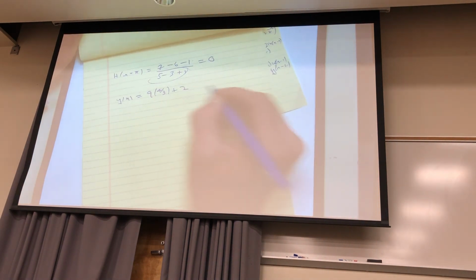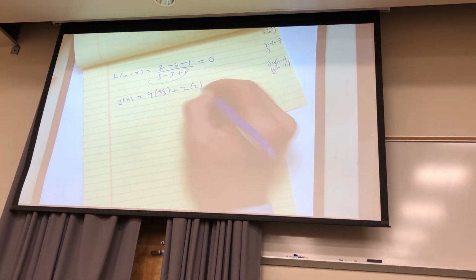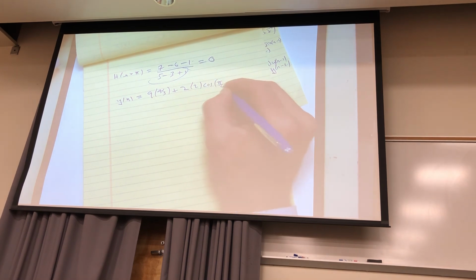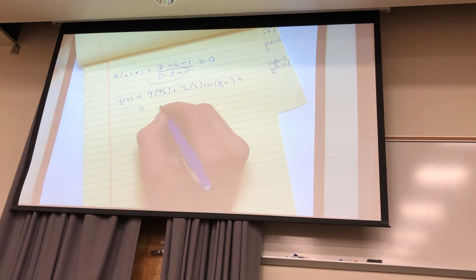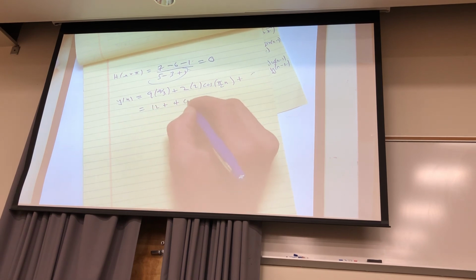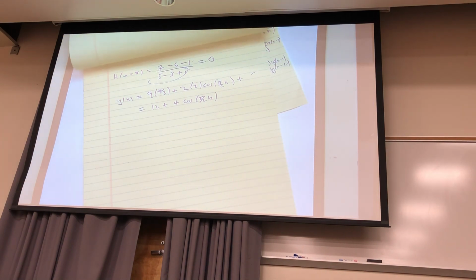So it's going to be 2 times the transfer function, which is the value of 2 as well, correct, class? And notice there's no phase there to add, so it's times cosine of pi over 2n. And the last one is 0 times anything is 0, so you don't even need that. So that gives me 12 plus 4 cosine of pi over 2n. And that's the answer to that part of the problem.